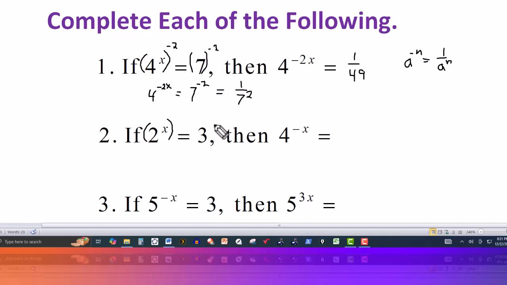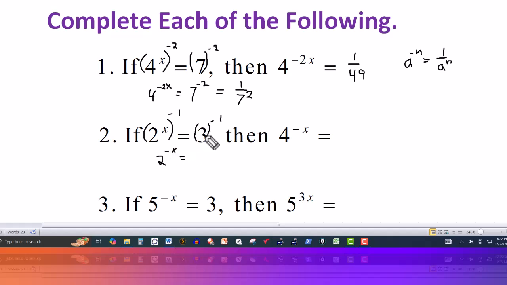I want a negative, so let's take this to the negative 1. That's legal if I take this side to the negative 1. Again, power to a power, you multiply the exponents. So negative 1 times x here will give me negative x, so 2 to the negative x.